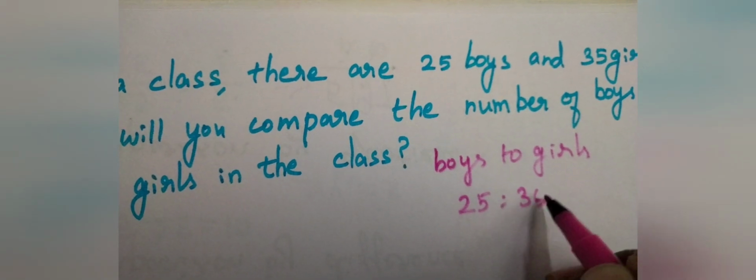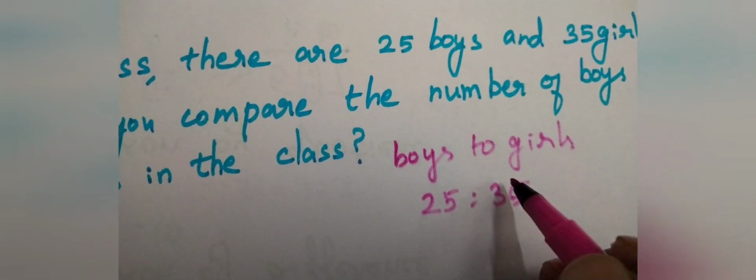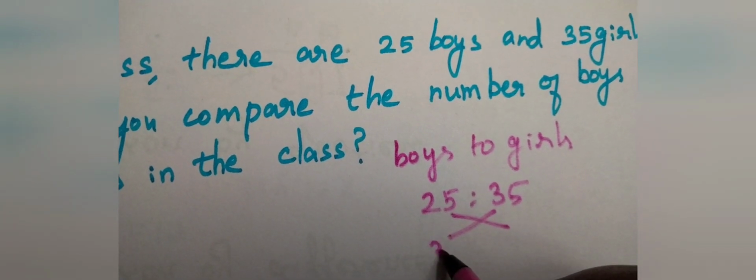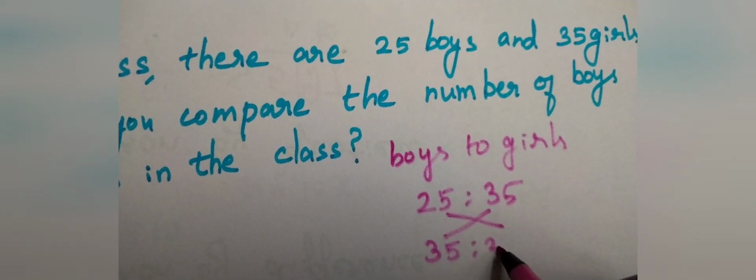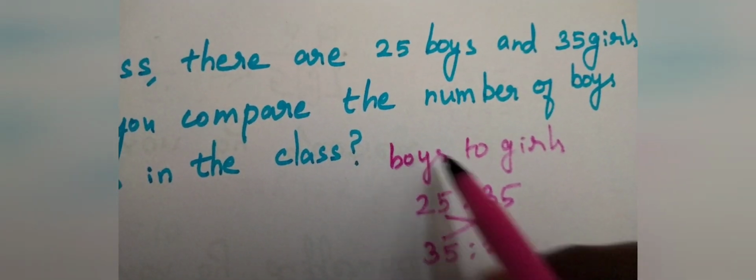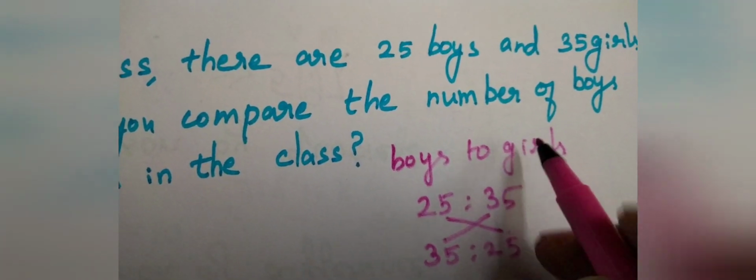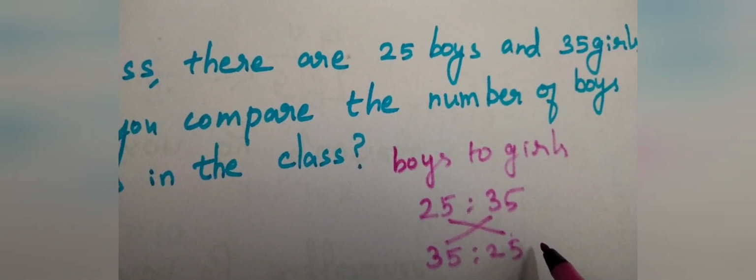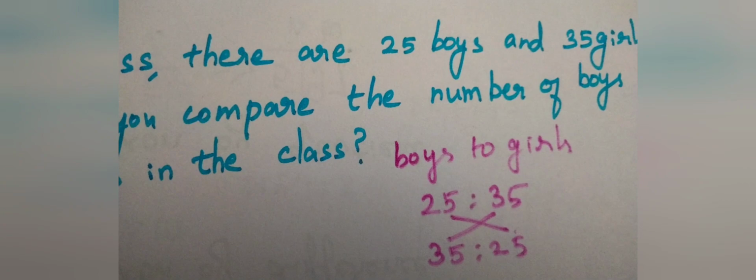Isn't that, sorry, 35, isn't it? And we cannot change the order. 35 is to 25. That means boys are 35 and girls are 25. So it totally changed the meaning. So we cannot change the order of the ratio.